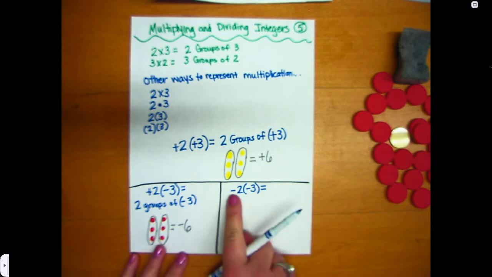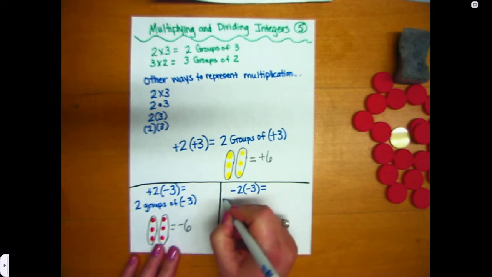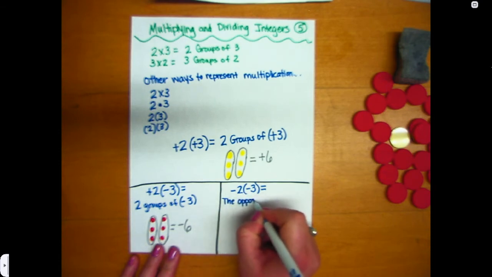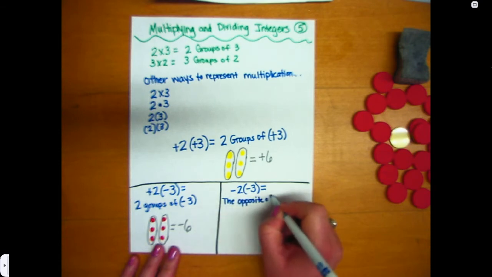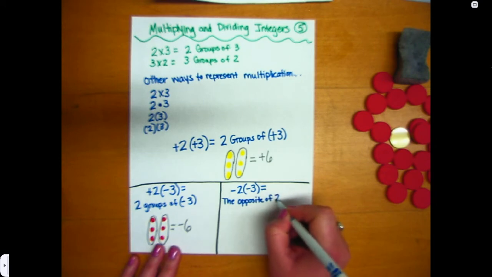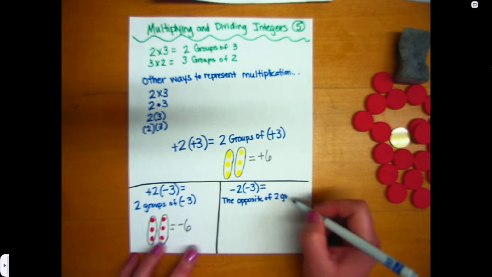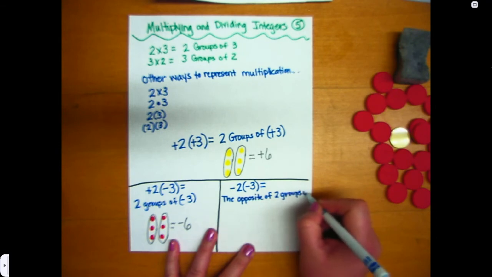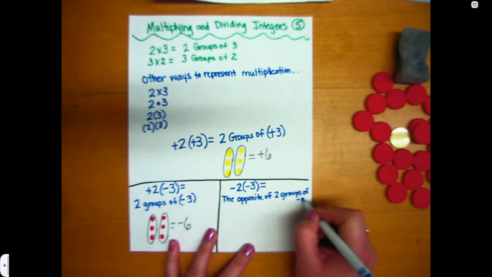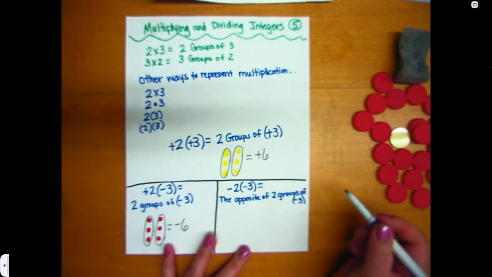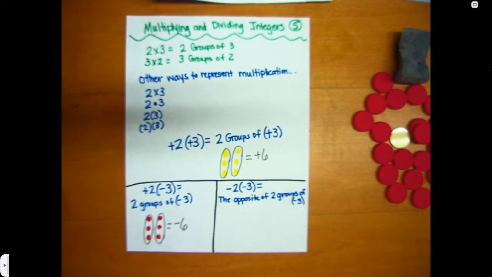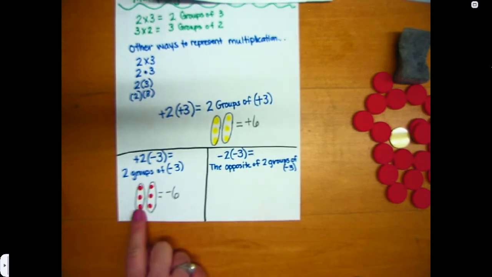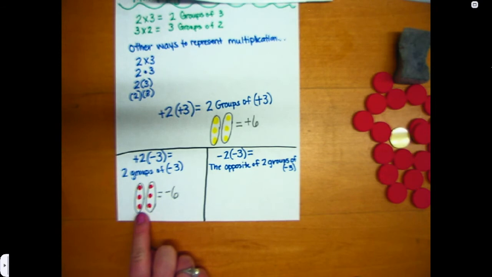So if you have this sign, it means the opposite of 2 groups of negative 3. Okay, the opposite of 2 groups of negative 3. So if I was going to do 2 groups of negative 3, it looks like this.